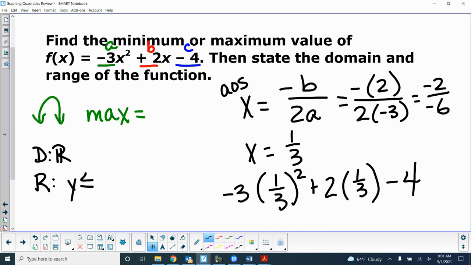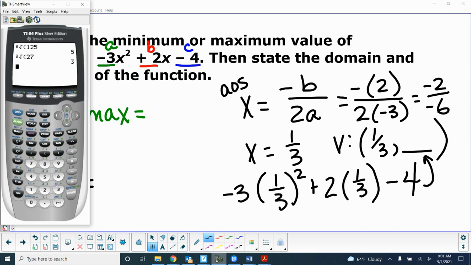Okay, that'll give me the y value of the vertex, right? The vertex is 1/3 something. The answer to this will be that something, that blank. Okay? So you can just do that on your calculator.